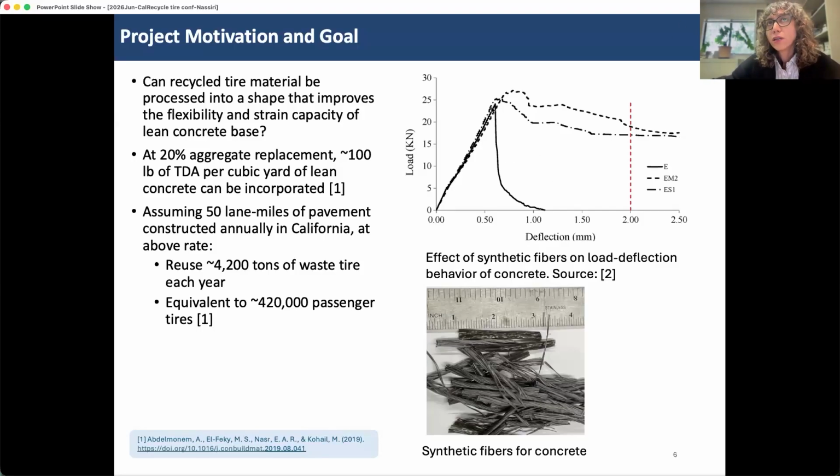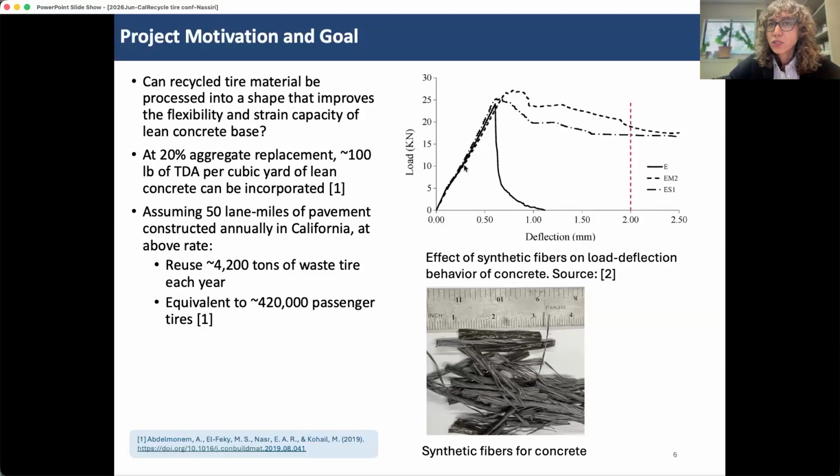If we don't have any kind of reinforcement in concrete, the load deflection graph shows a very sudden failure type behavior that you can see in this graph where I'm putting my cursor. But if we do add fibers, what you can see is that those fibers, past that first crack, will bridge across it and still allow the concrete to carry loads.